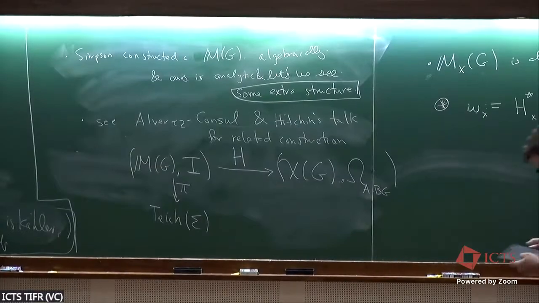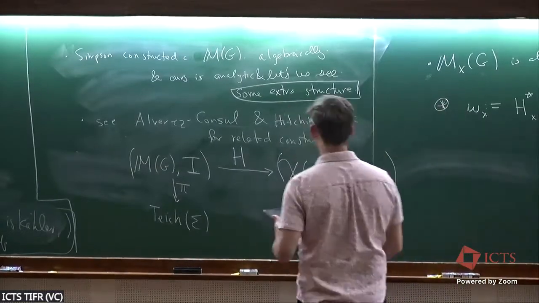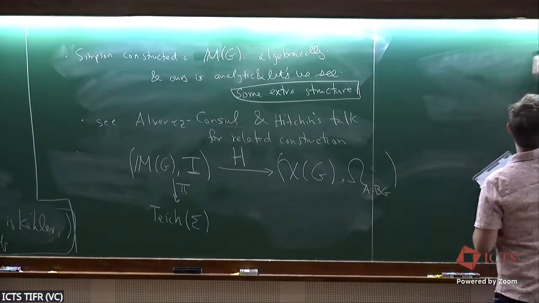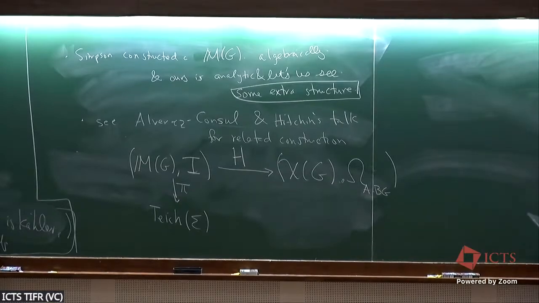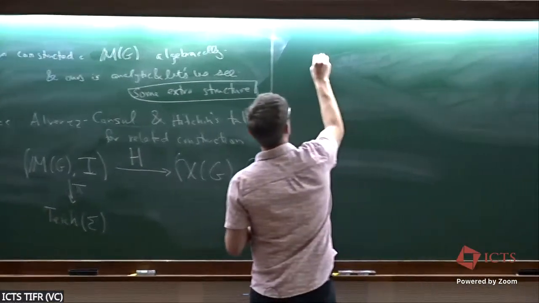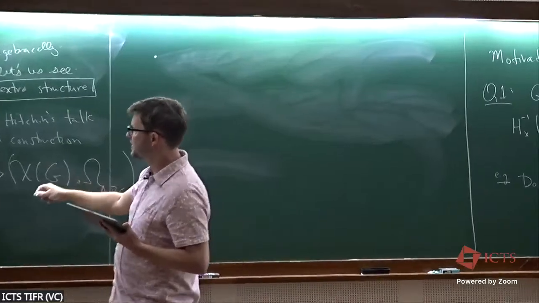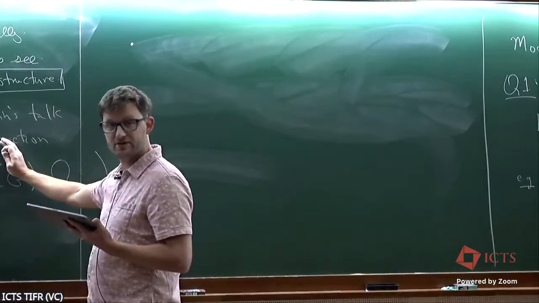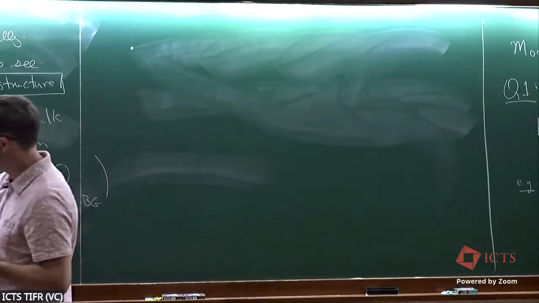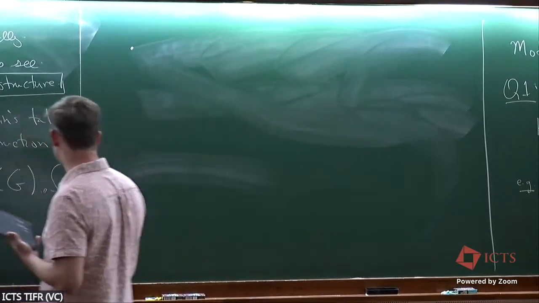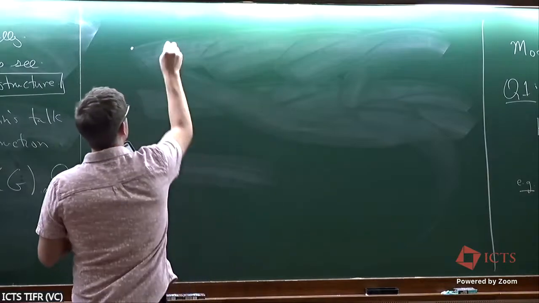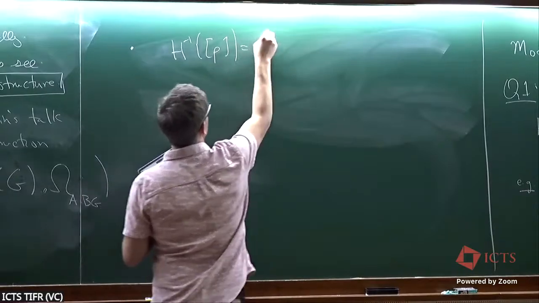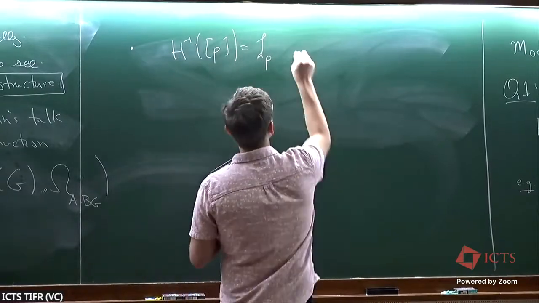Okay, so now let me define two things. First, for every fiber, the restriction of this map identifies with this space. So this map is not even a bijection, right? The fibers of the map are called the isomonodromic leaves.